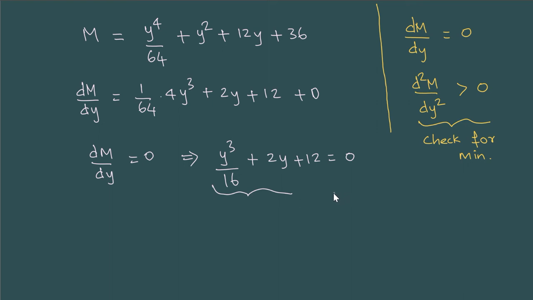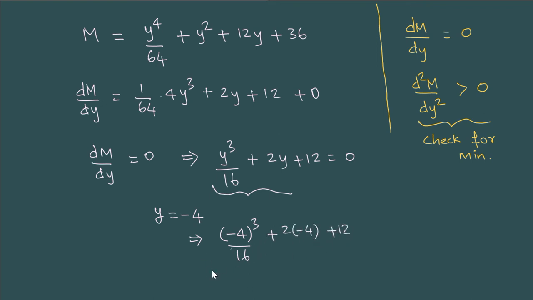Let's say I'm going for a value y equal to minus 4. Suppose I take y equal to minus 4, this becomes minus 4 whole cube by 16 plus 2 into minus 4 plus 12.